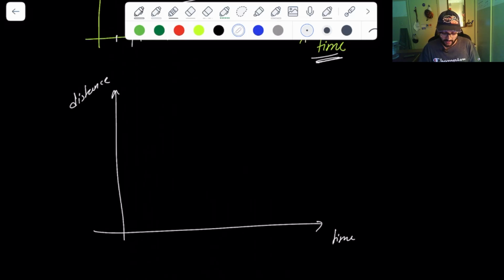Now we know this: the steeper the curve is in a distance time graph, the higher the velocity is. And that means that if, let's say, I start from a case where there was some constant velocity, and this is the time up to which the velocity was constant. But now, take the example of a vehicle: the person driving pushes on the gas pedal because they really want to accelerate.